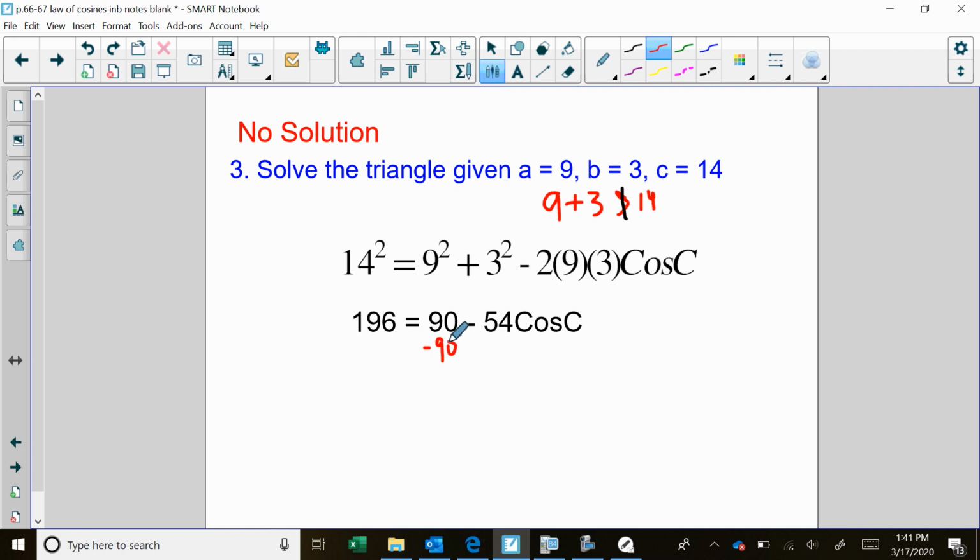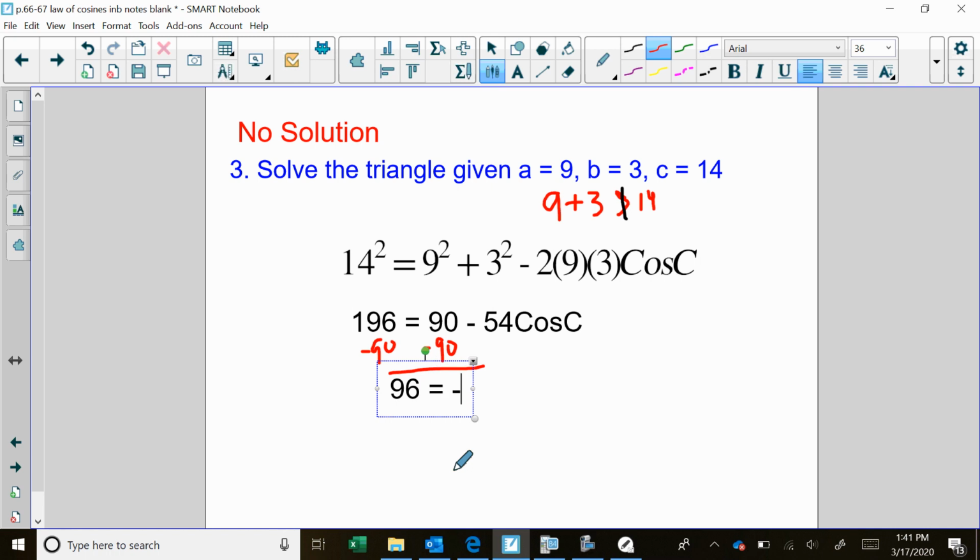Subtract the 90. Subtract the 90. That's 106 equals negative 54 cosine of C.